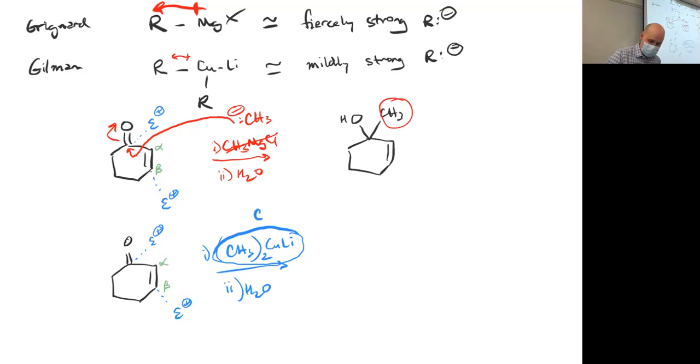It's once again gonna act like a CH3 minus. But in terms of reactivity, your Grignard is a fiercely strong C minus and does the direct attack. Your Gilman is a much milder or choosier one. And so where does this one attack? Right at the beta spot instead. So that would go in down there.